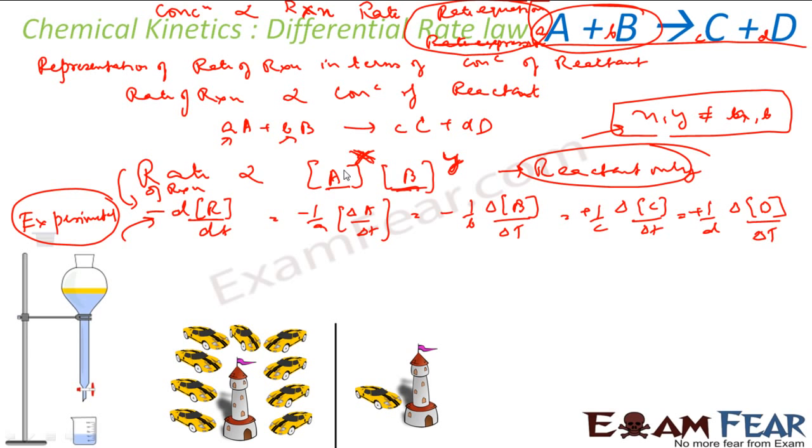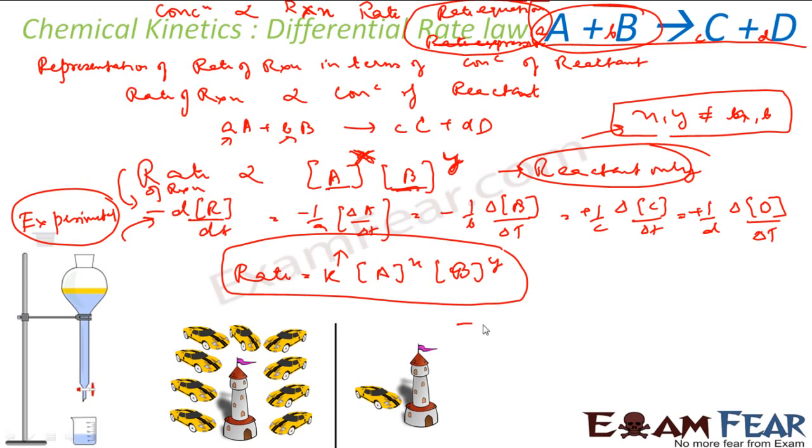So this form of equation is called differential rate equation. So in this case it is proportional. I want to give a constant value, so I can say that rate is K of A to the power X B to the power Y. Correct? So this K is called rate constant, and this whole equation is called rate equation.